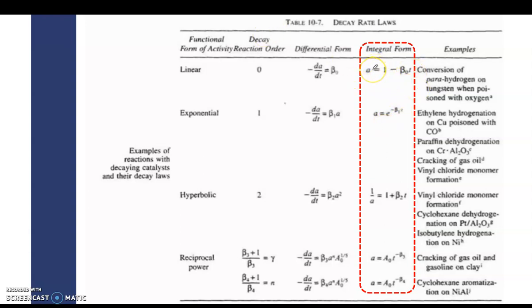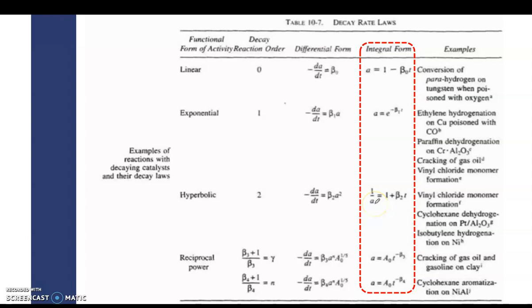So just now it was linear, so your At equals 1 minus beta naught t, where beta naught is actually your Kd. Similarly for the rest, you just choose from here. Hyperbolic is this one, hyperbolic is second order, so just now it's this one.